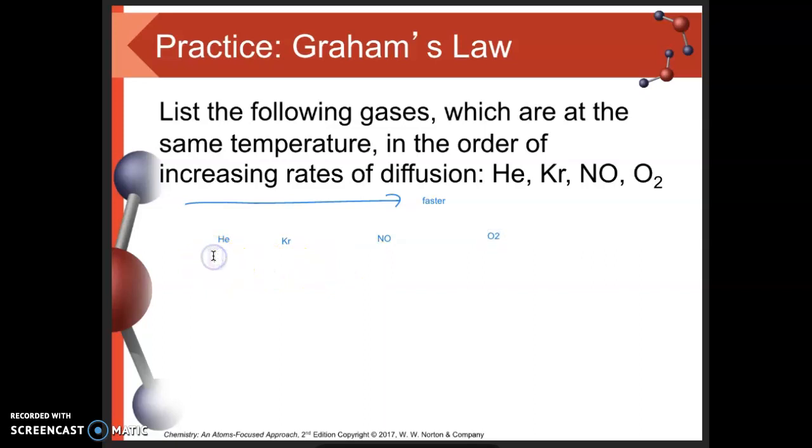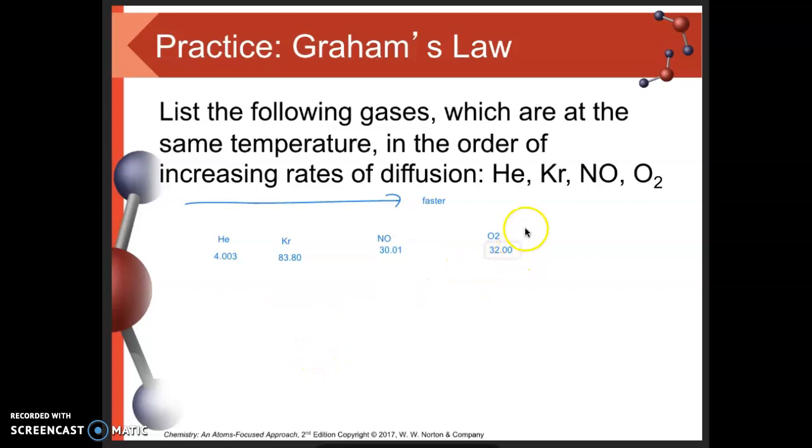So helium is 4.003 grams per mole. Krypton is 83.80 grams per mole. Nitrogen monoxide is 30.01 grams per mole. And oxygen is 32 grams per mole.